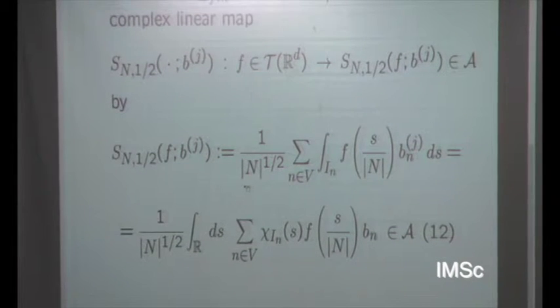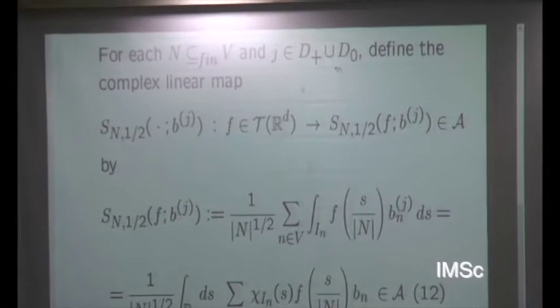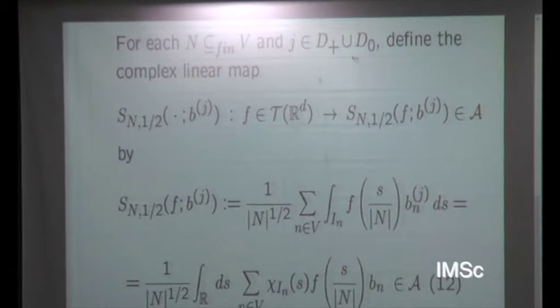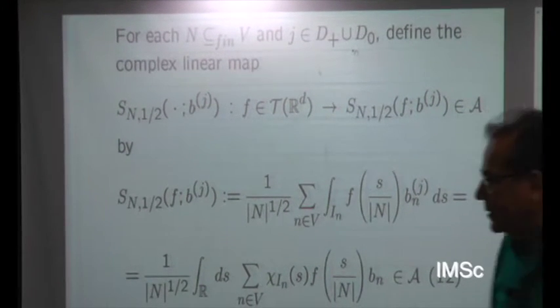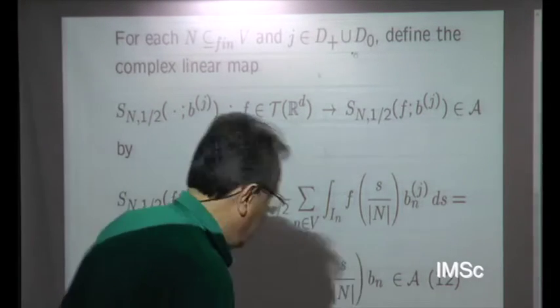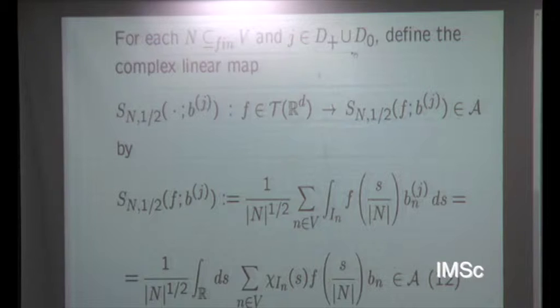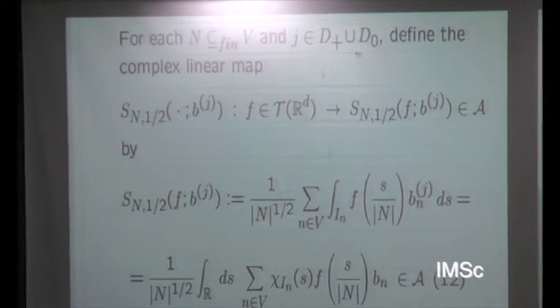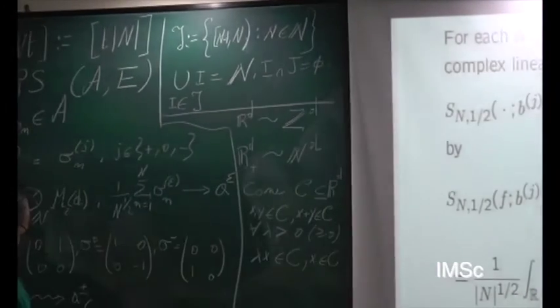So now we fix an element in the set D plus union 0, because that is why we take a real valued map. Remember that in the case of quantum field, the map which to a test function f associates a dagger f is linear.